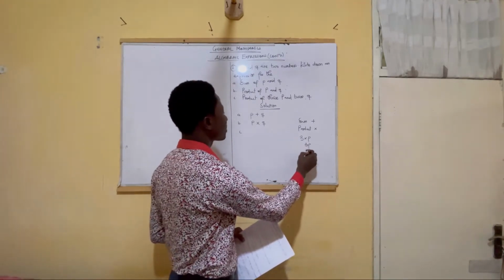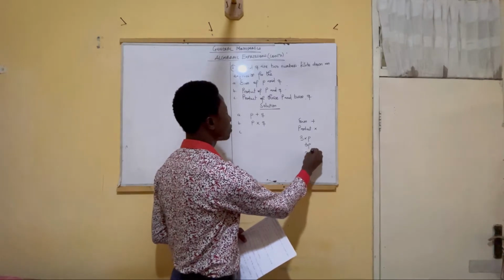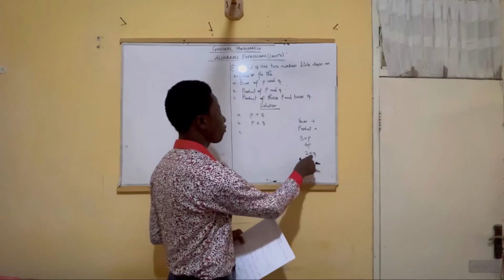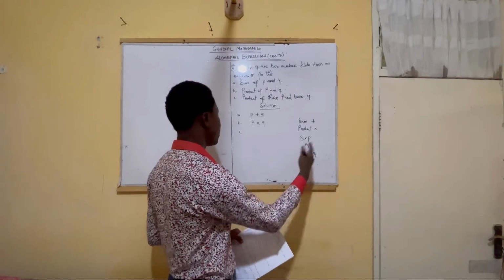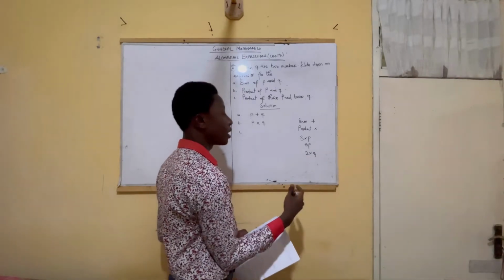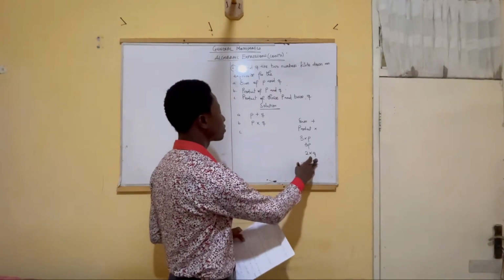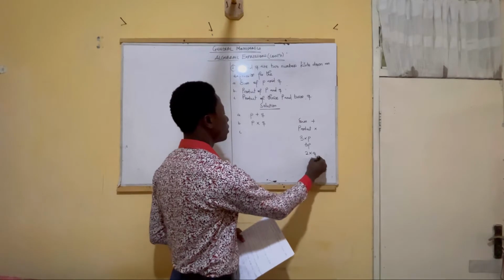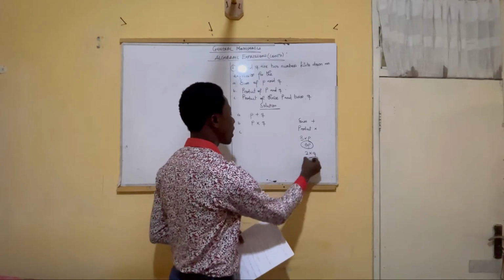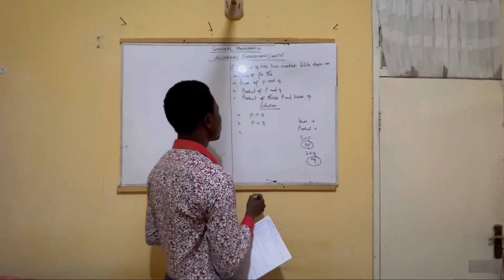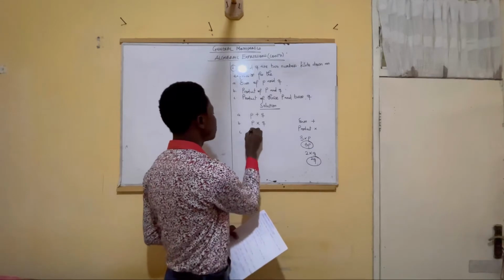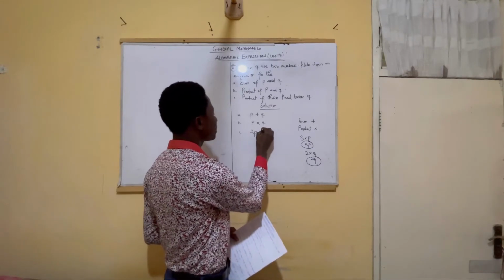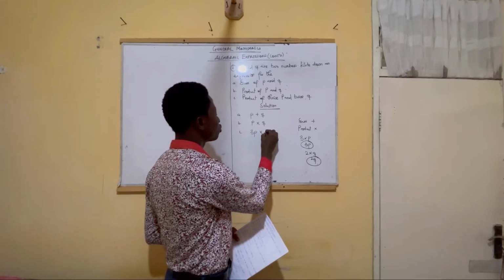And twice Q means 2 times Q, which is 2Q. In mathematics, twice of means multiply, that is what we are used to. So thrice P is 3P, twice Q is 2Q. So the product of thrice P and twice Q is 3P times 2Q.